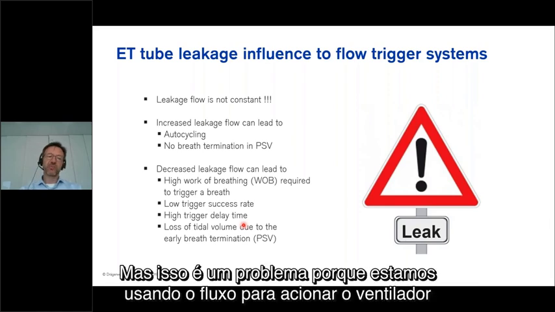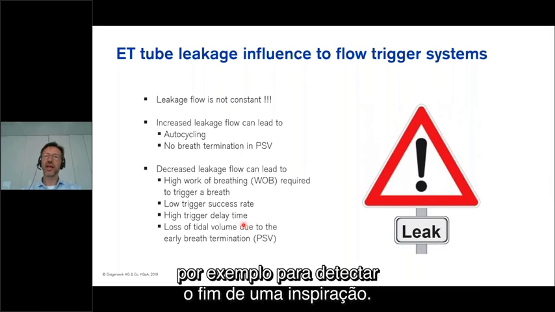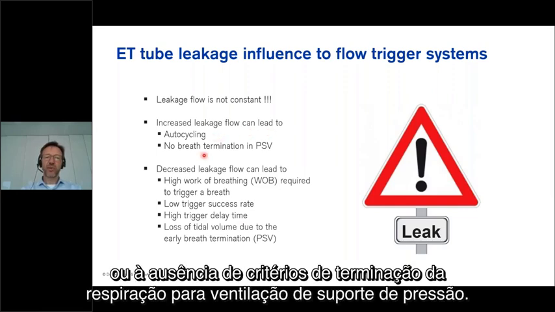But this is a problem, because we are using the flow to trigger the ventilator and even, in pressure support for example, to detect the end of an inspiration. So increased leakage flow can lead to autocycling or to no breath termination.